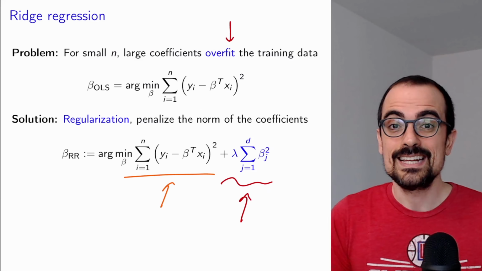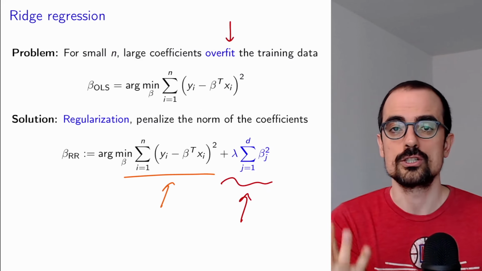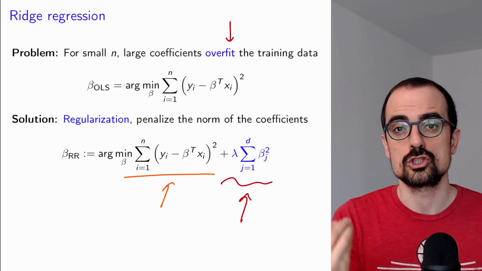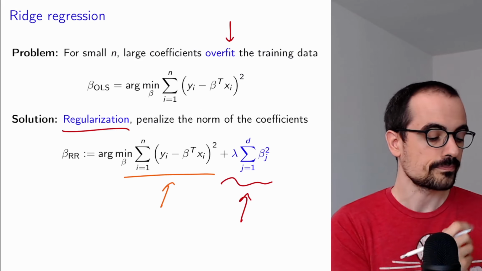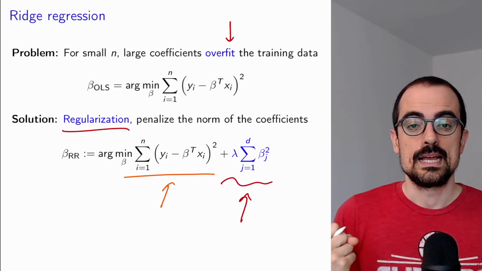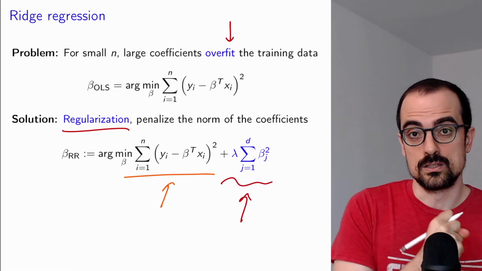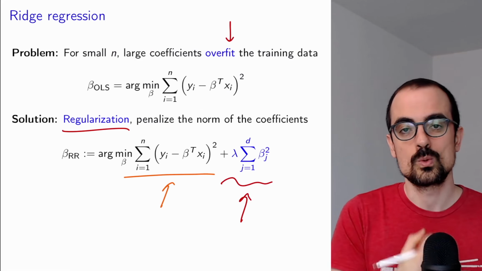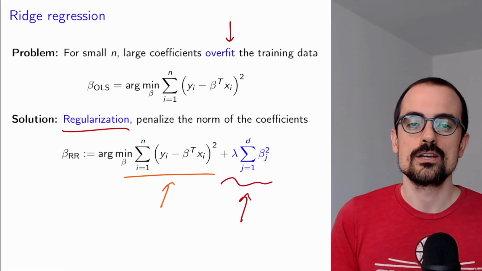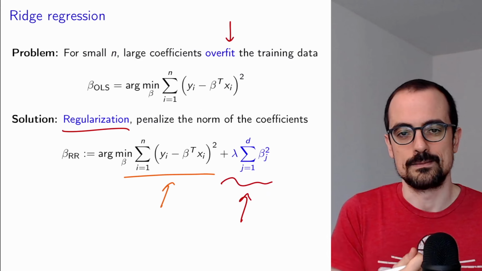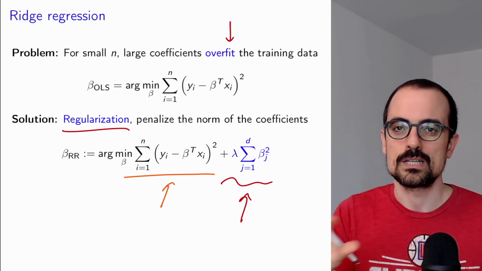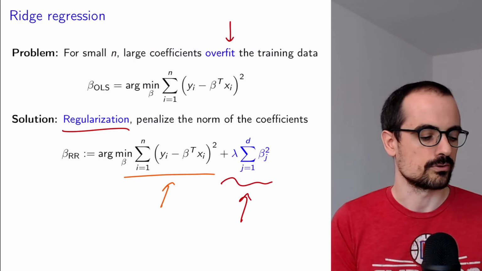This technique of augmenting cost functions to try to promote a certain structure in the coefficients is called regularization. Here we're penalizing the sum of squared coefficients. We will see in one of the following videos how we can use other penalties to promote other kinds of structures, in particular sparse structure.